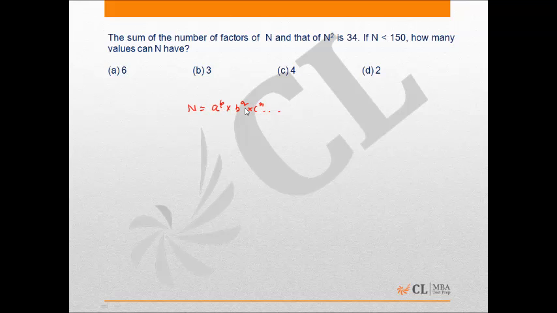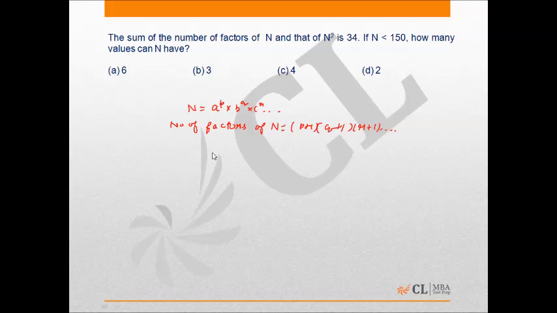So from here it is obvious that p, q and r have to be natural numbers. So if the number is of this form, then the number of factors of n is given by p plus 1 into q plus 1 into r plus 1 and so on.